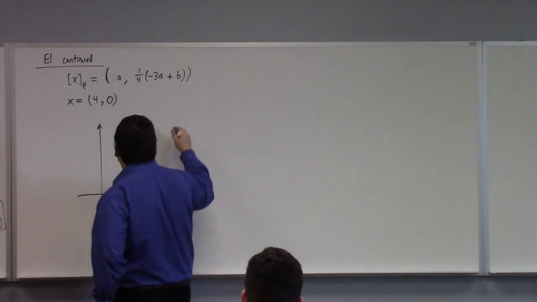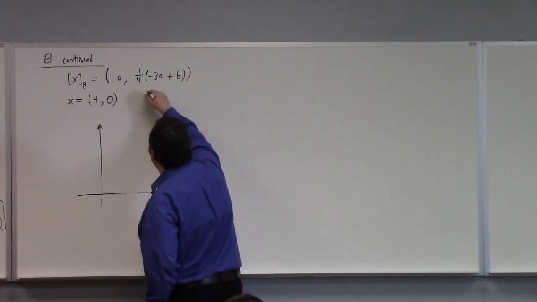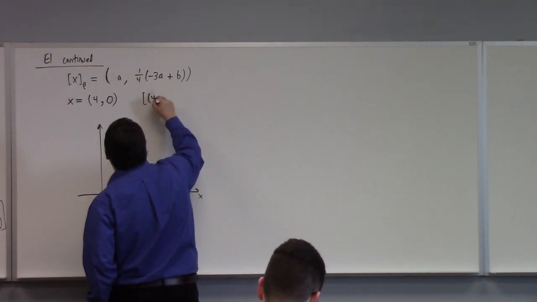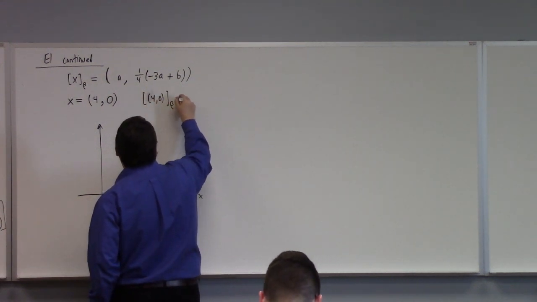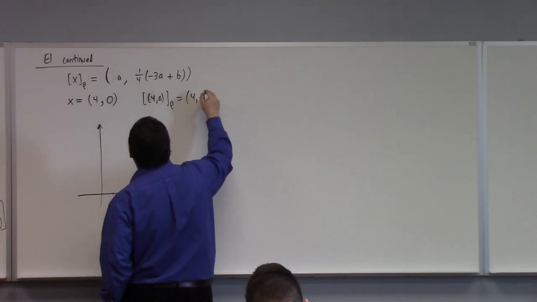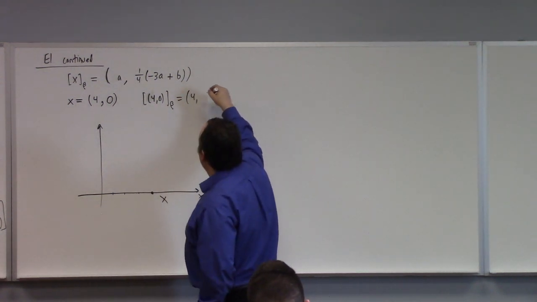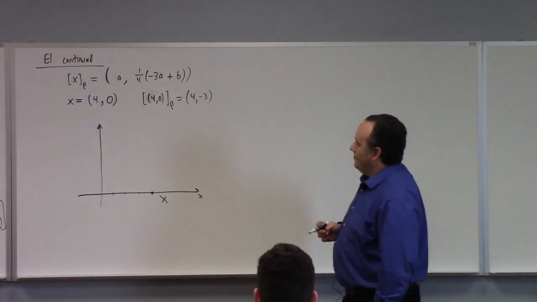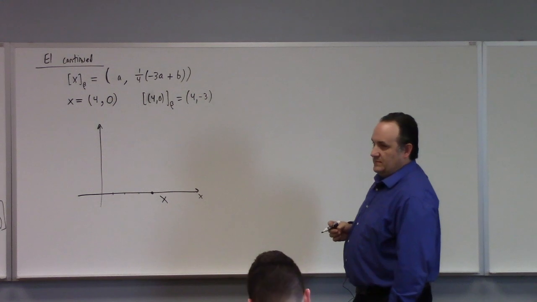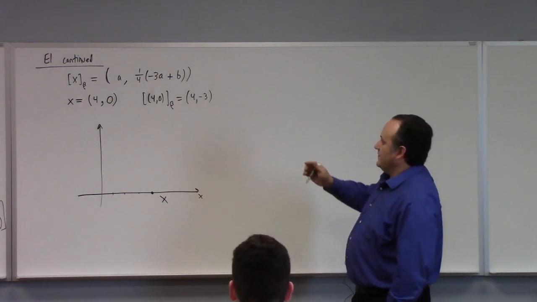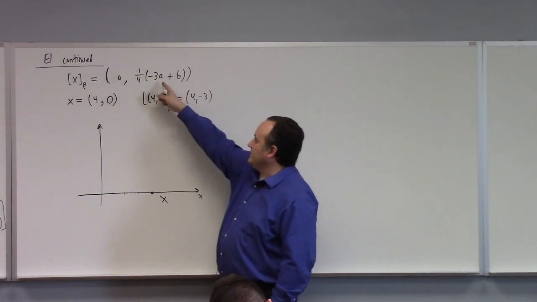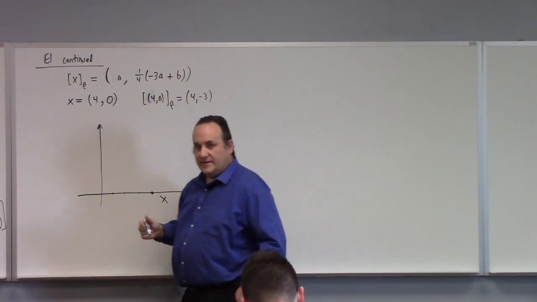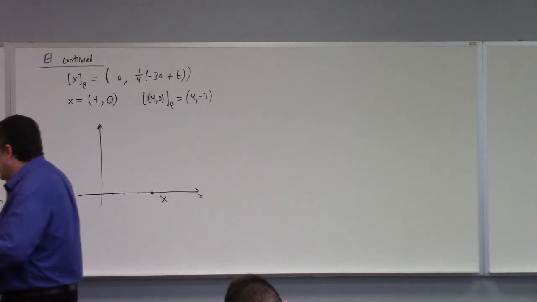So what are the coordinates of 4, 0 according to this formula? I heard a 4, -3. Do you guys agree? 4, -3. All right. I think that's right. If we plug 4 in here, we get a -12. Well, anyway, the 4's cancel. We get a -3. The b is 0, right? All right, what does this mean?